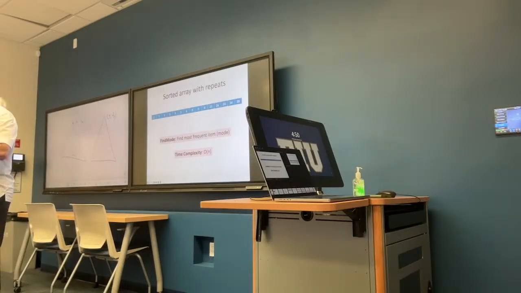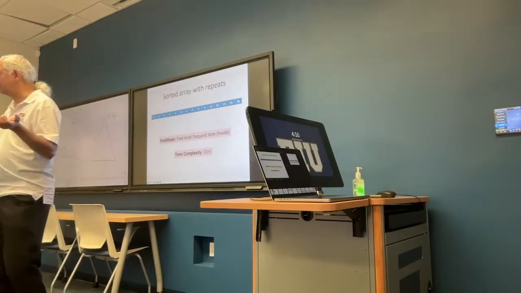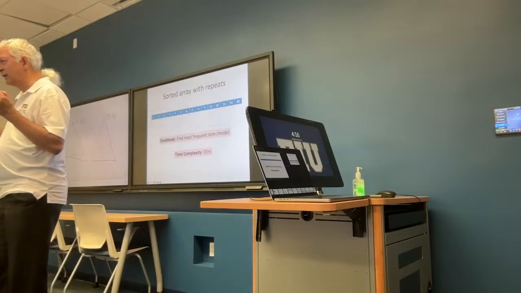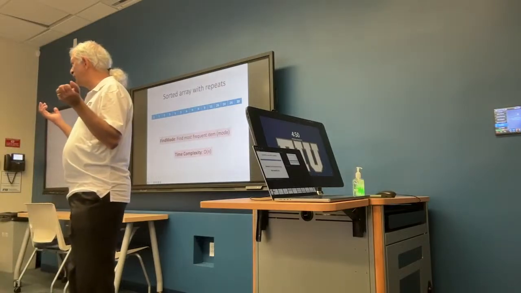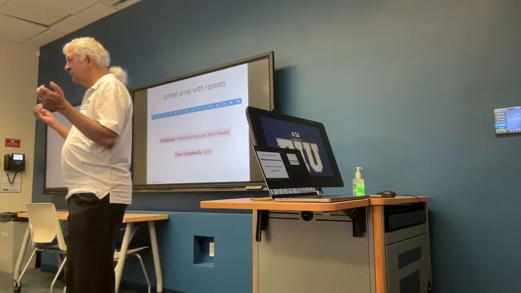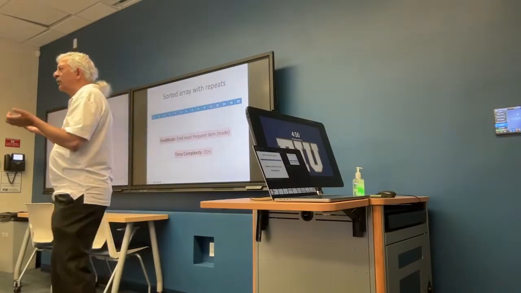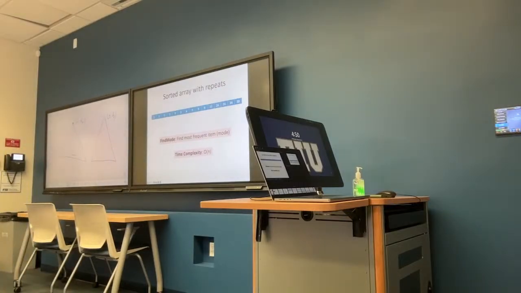Now, what I'm trying to tell you is that whatever he helped you with in terms of turning it into an array of frequencies is going to help you, because you're trying to find the item with the largest frequency, right? So those frequencies are there, and it's almost like if I have to search the whole array, all I have to do is find the largest number, which is the same as our first problem, right?